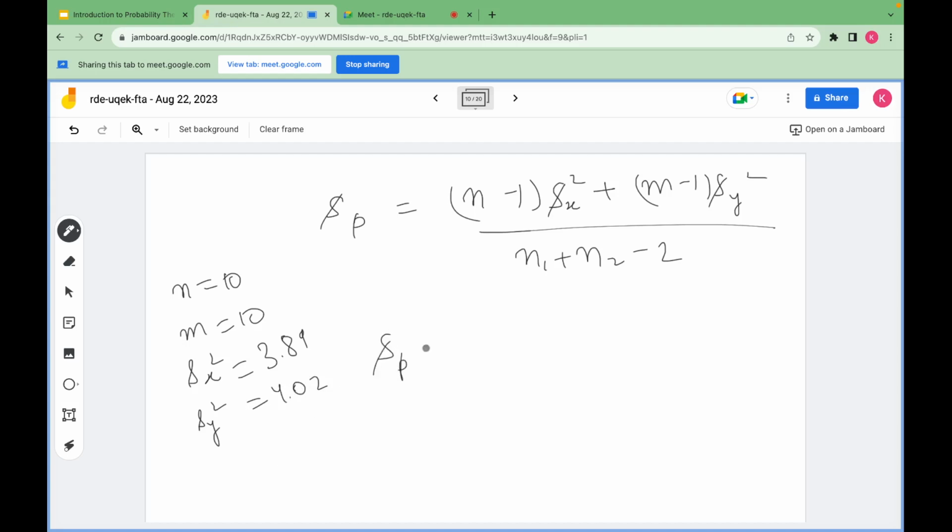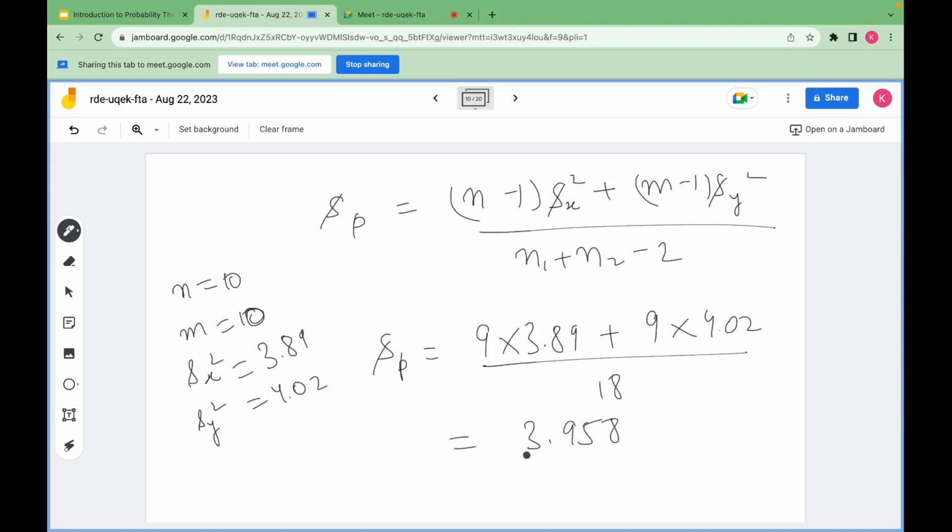So we will calculate this SP, which is 9 into 3.89 plus m minus 1, m is 10, so 9 into 4.02, divided by n1 plus n2, which is 10 plus 10 minus 2, 18. So this comes out to be 3.958.